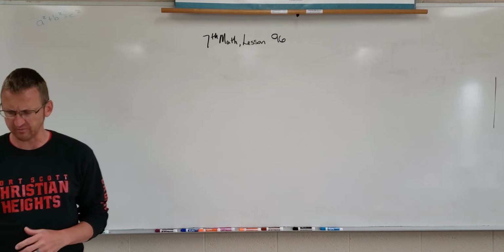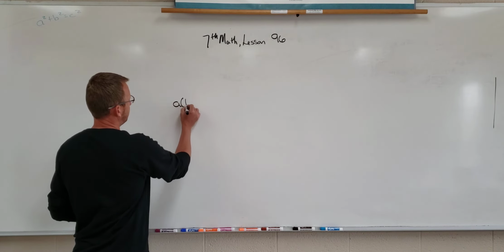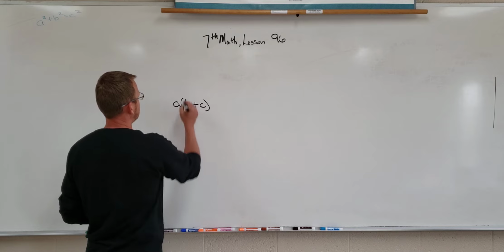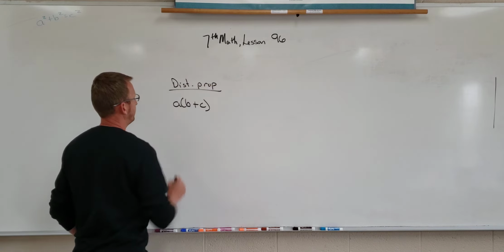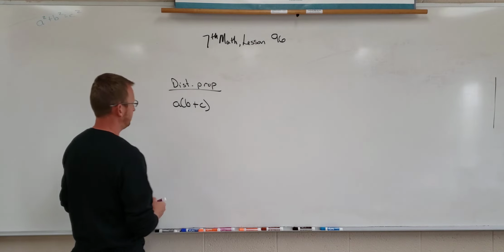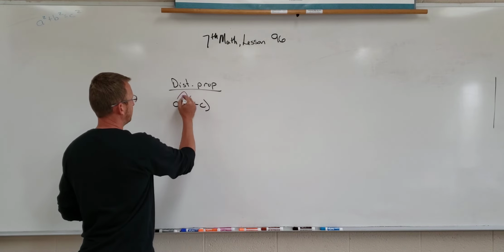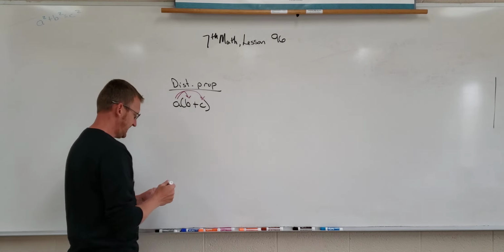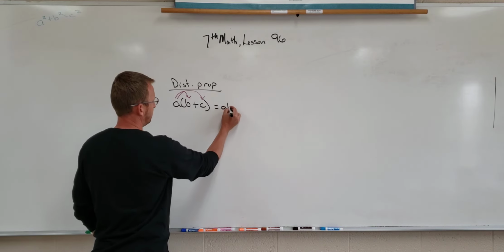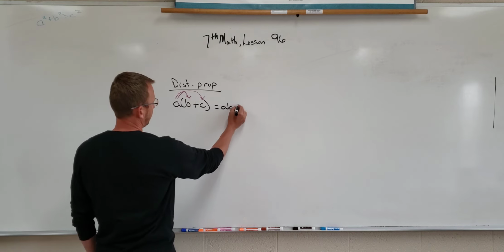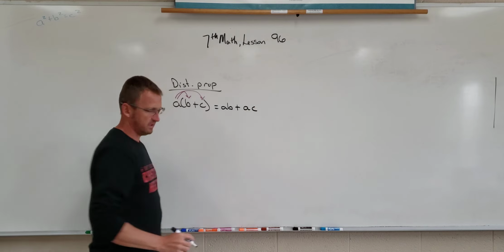The second part of this, we've been talking about the distributive property a while back, and it showed it as this. With the distributive property, parentheses mean multiplication, so we are going to distribute A throughout our parentheses, which will give us A times B, which is AB, plus A times C, which is AC.